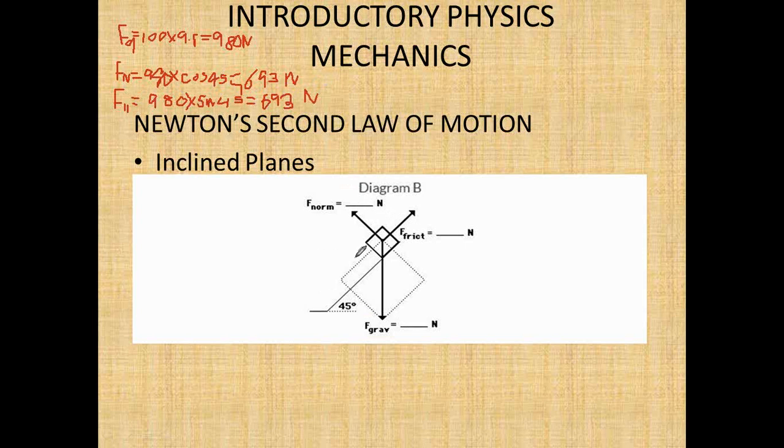Okay, so the object is moving at a constant velocity, so therefore the acceleration is zero, as we determined before. For you to have acceleration, you have to have a change in velocity. So for the acceleration to be zero, the net force is zero.